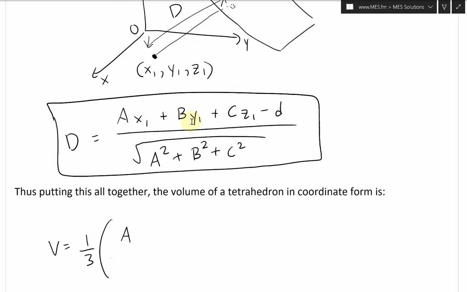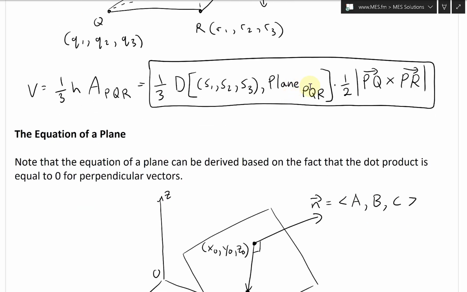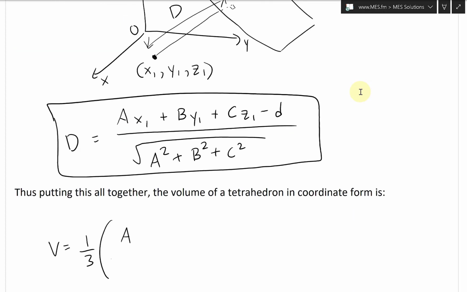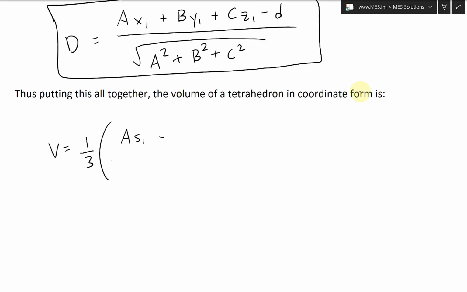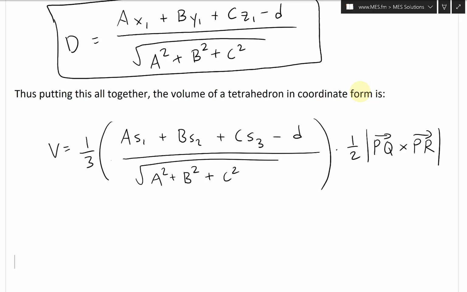Instead of x1, y1, z1, we're going from the point s1, s2, s3 to the plane PQR: A S1 plus B S2 plus C S3, and then minus D, divided by the square root of A squared plus B squared plus C squared, and then bracket. Then this is the area of the triangle, which is 1/2 the length of the cross product PQ cross PR, like that. And yeah, that's what we have.